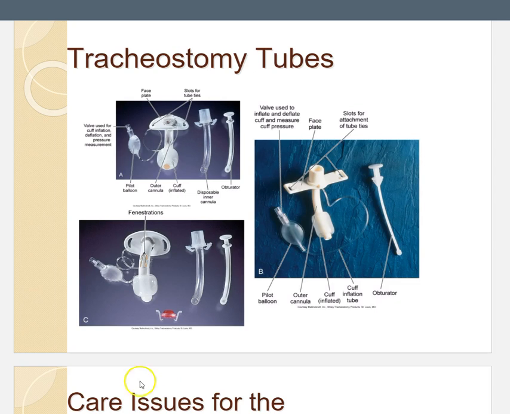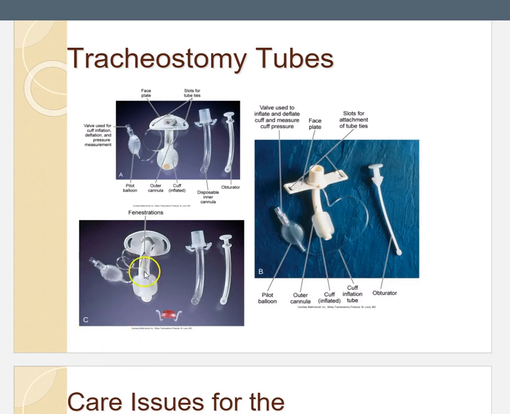The fenestrated should fit precisely. It should lie centrally in the airway. Otherwise, granulation tissue will grow within the fenestrations, within these holes, requiring surgery to remove it, okay?